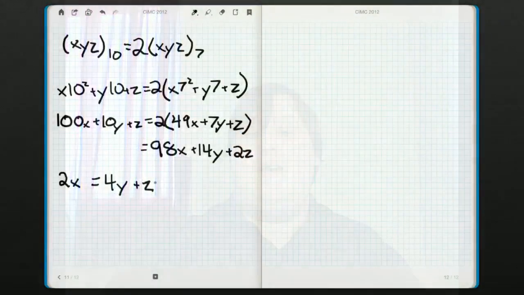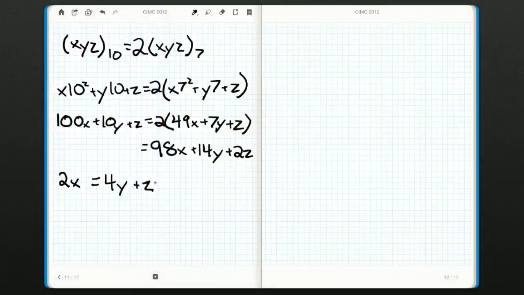So I notice that if z is odd, this expression, no matter what I pick, is not going to make sense. So z is even. That's what we need. We need z to be even in order for this expression to work.